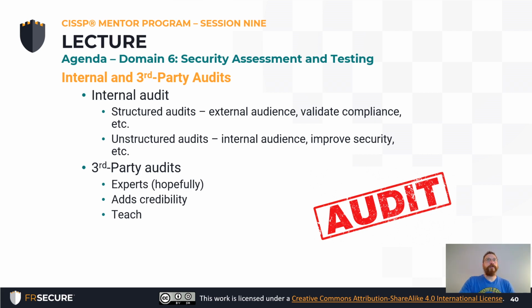All right, third-party audits. Well, hopefully you're going to have experts, right? If you don't have an internal audit department, maybe you're not big enough, or you don't have anybody with that skill set, you don't want to hire someone, you would bring in a credible third party. So it's always easier. I think you add, like it says, credibility. If you're grading your own homework, there's always a little bit of conflict of interest.